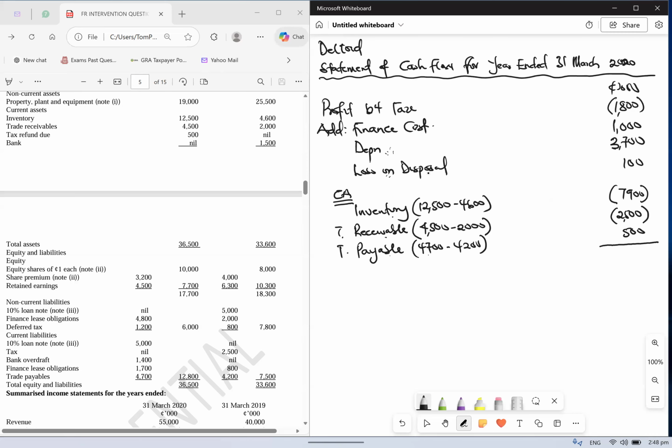Then do your workings to know whether there is a gain or loss on disposal and bring it in. Gains are added to P&L, so when we are working on it, we subtract it back. Losses are subtracted, so when we are working on it, we add back. That's how you work it.